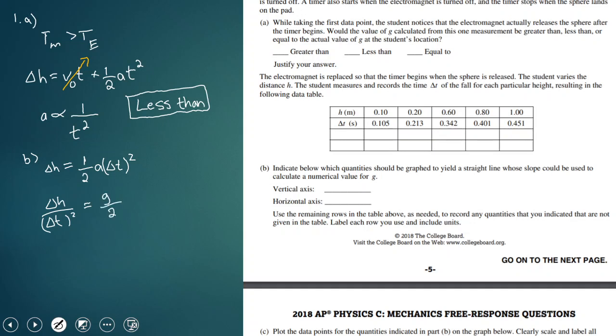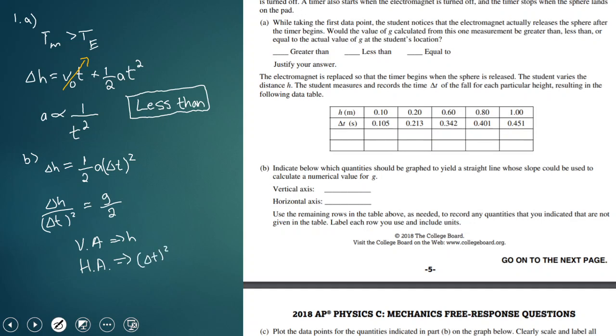And so g over 2 will be the slope of a plot between delta H and delta T squared, and then we're just going to have to account for the half when we calculate our actual value of g later on. And so for this question, our vertical axis should be height, and our horizontal axis should be delta t squared.